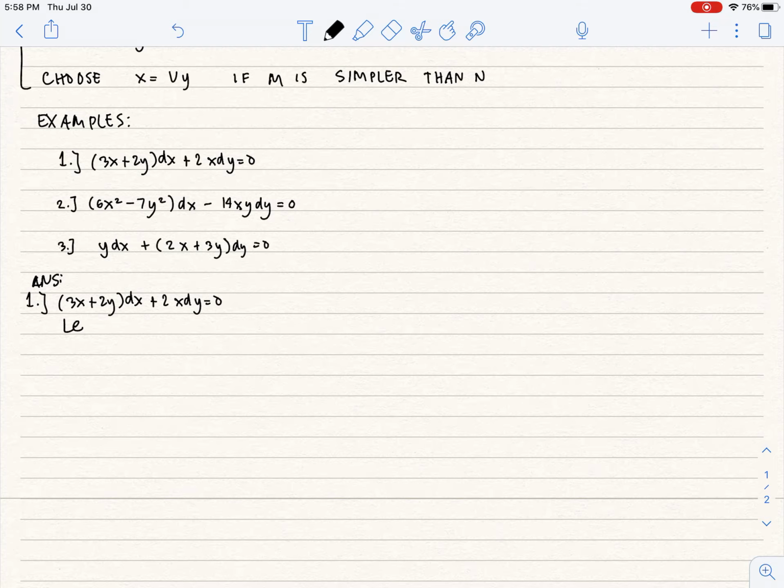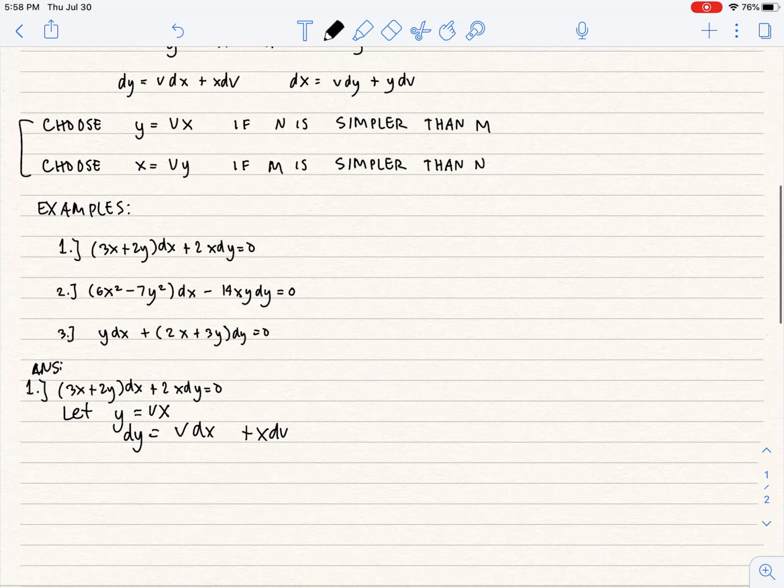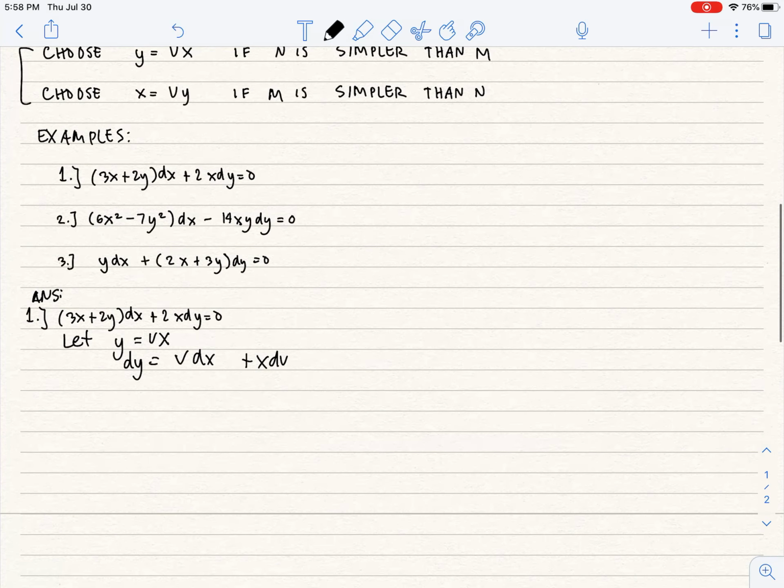Okay, so we are going to let y equal vx. Then dy equals v dx plus x dv. You can memorize this, or it is better to understand the concept of how dy is obtained, but you can also just memorize it. Okay? Okay, so next is to substitute the values. We substitute y here, and we substitute dy here.